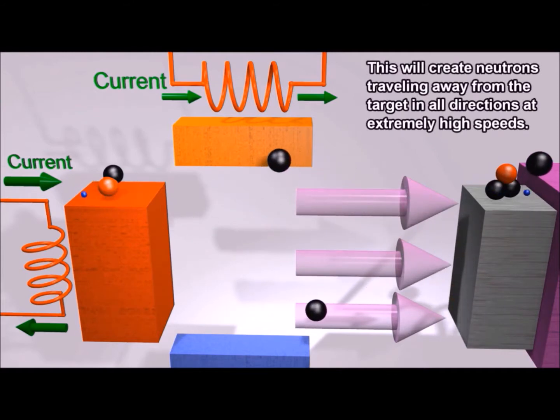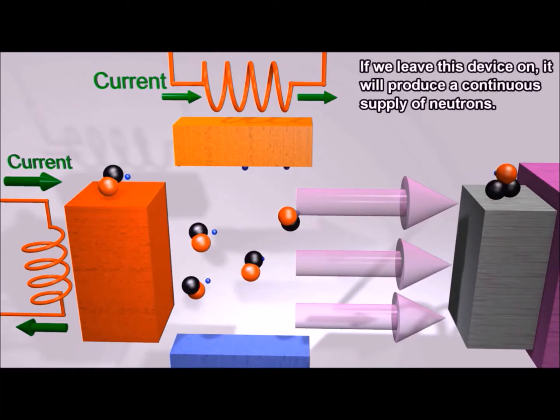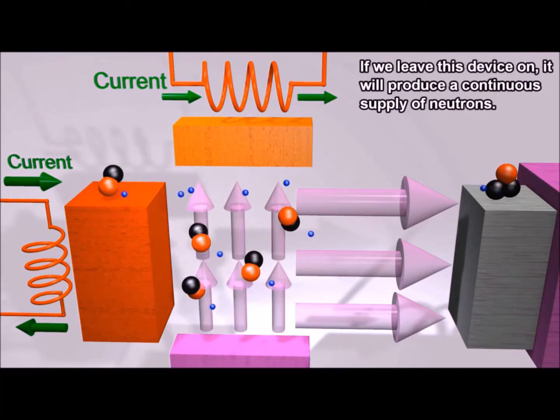This will create neutrons traveling away from the target in all directions at extremely high speeds. If we leave this device on, it will produce a continuous supply of neutrons.